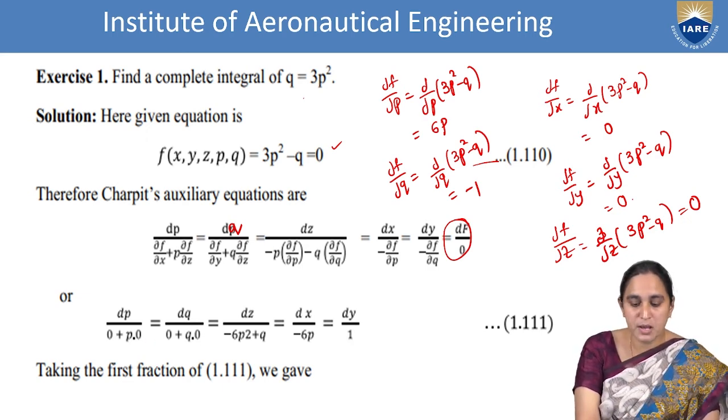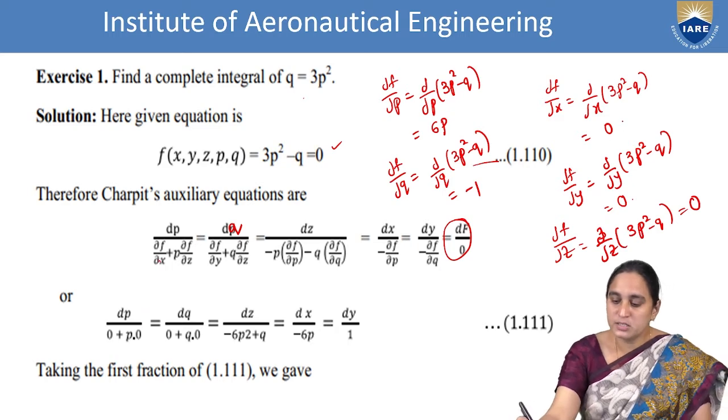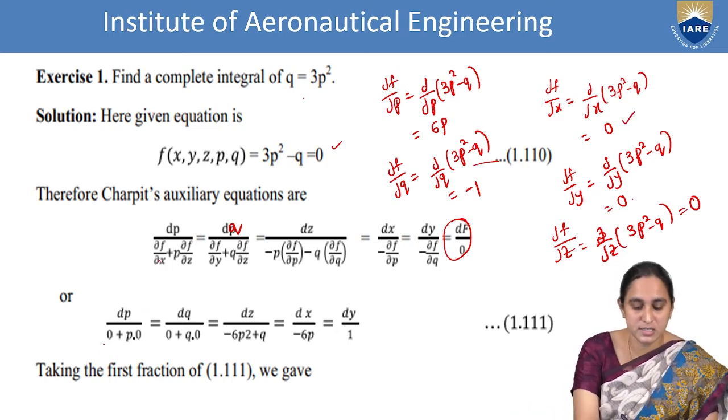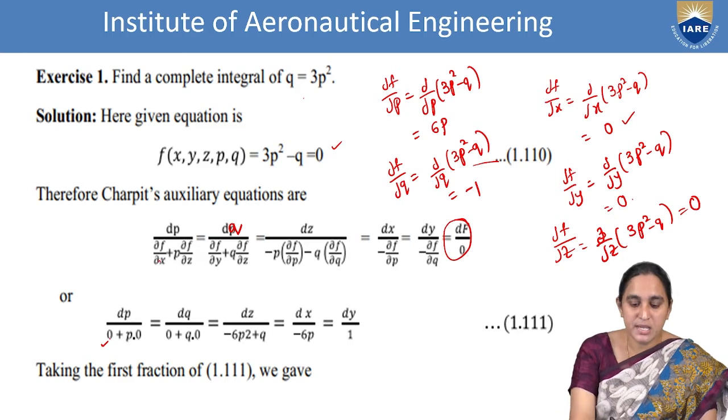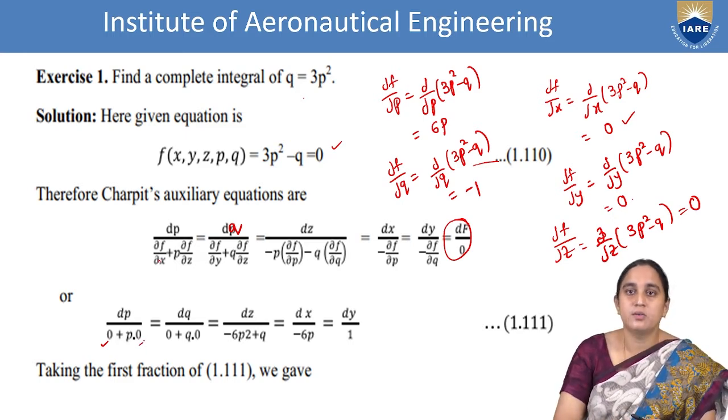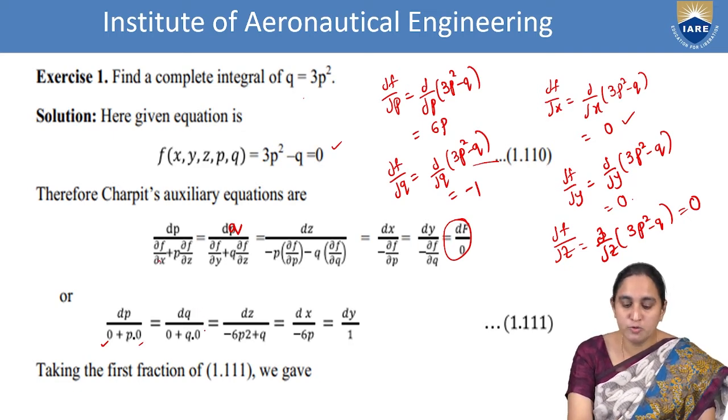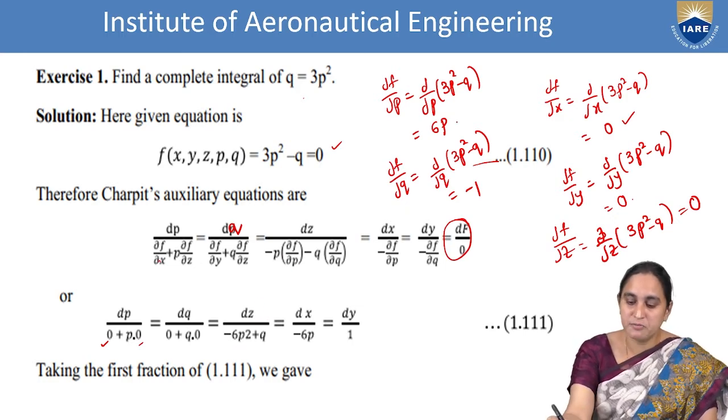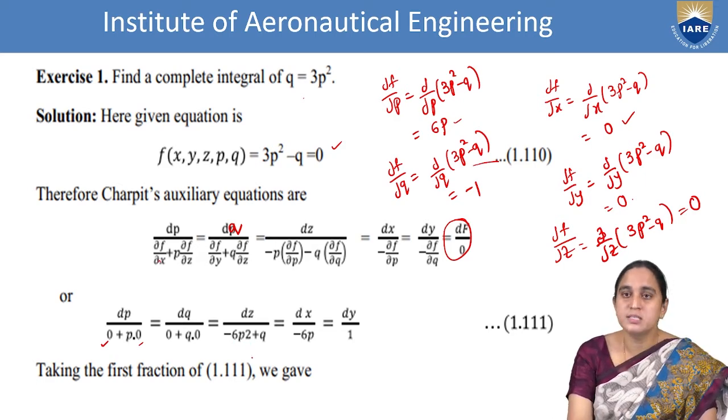That is dp/(∂f/∂x), the value of ∂f/∂x is 0, plus p into ∂f/∂z, which is also 0, equal to dq/(∂f/∂y), which is 0, plus q into ∂f/∂z, also 0, equal to dz/(−p·6p − q·(−1)).